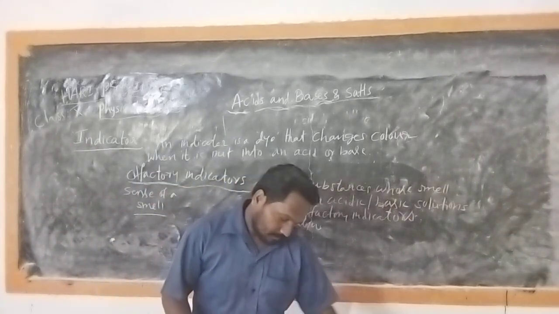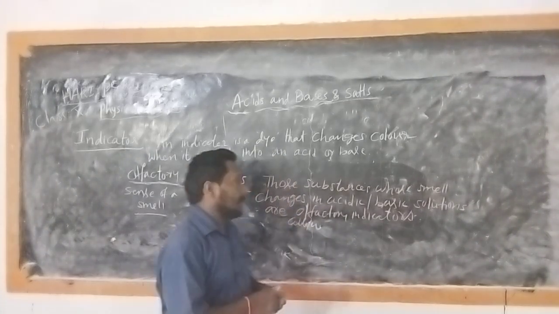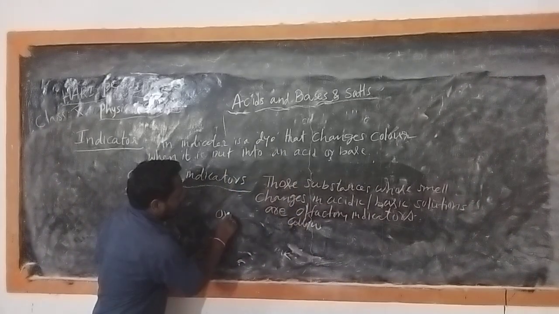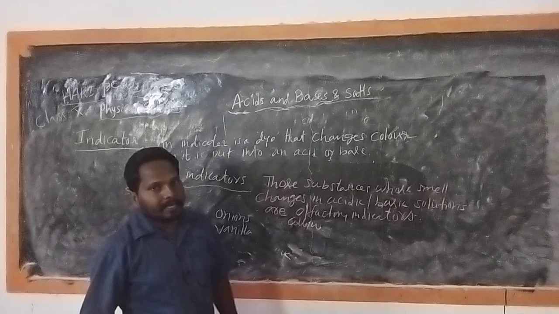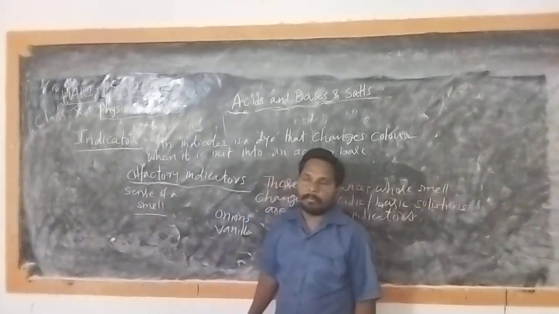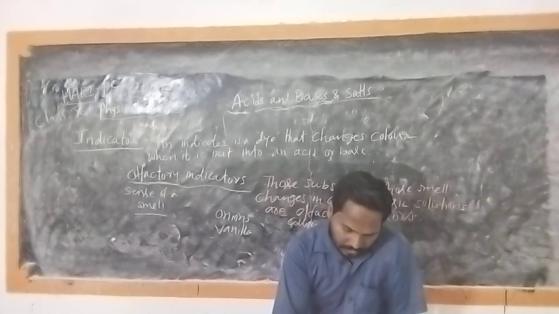Onions and vanilla are olfactory indicators. Both are examples of olfactory indicators, right?